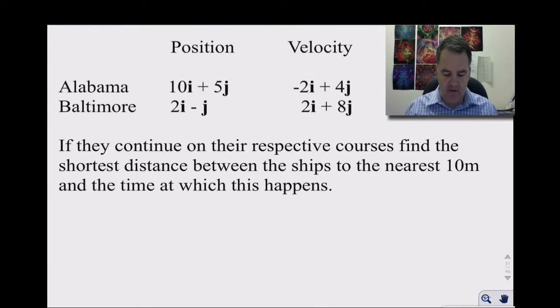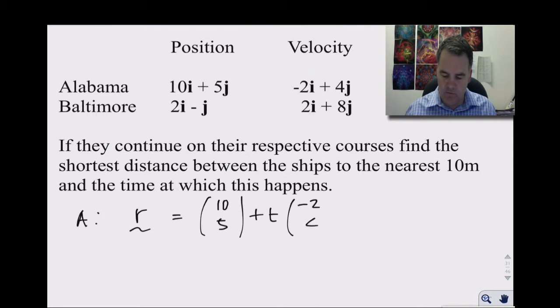So let's look at, for ship A, the equation of that line is just going to be 10, 5 is where it starts, that's the point on the line. And it's moving at velocity -2, 4. So if I generalise that, I've got 10 minus 2t for the x coordinate and 5 plus 4t for the y coordinate for that ship.